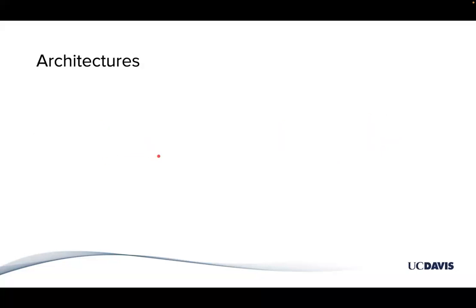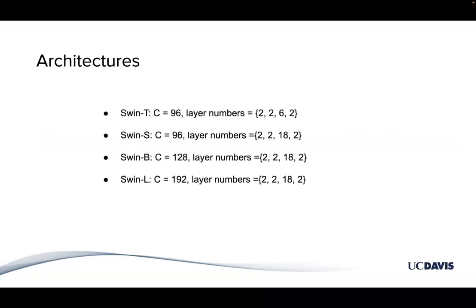And the paper creates a few variants of Swin Transformer: Swin Tiny, Swin Small, Swin Base, and Swin Large. The model sizes are comparable to a vision transformer or data-efficient transformer model, or ResNet 50 and ResNet 101.